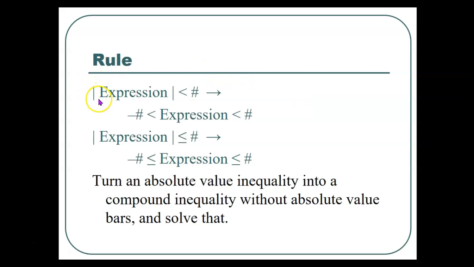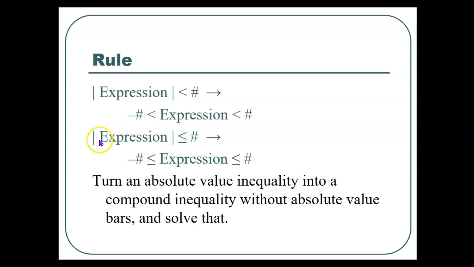So the rule is, whenever you see the absolute value of some expression less than some particular positive number, you can translate that into the expression is between the negative and the positive of that number. Notice part of this looks exactly like what we started with without the absolute value bars, but then in front of it, we're writing the negative number and a less than sign.